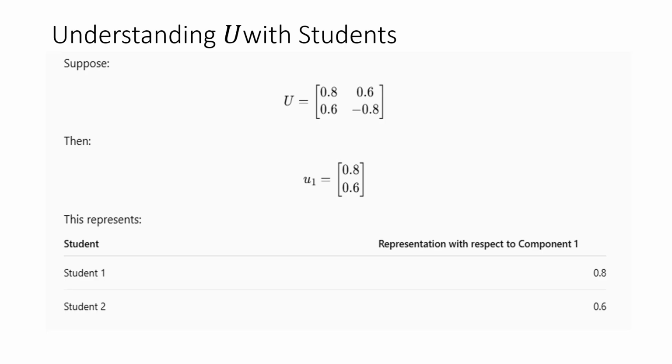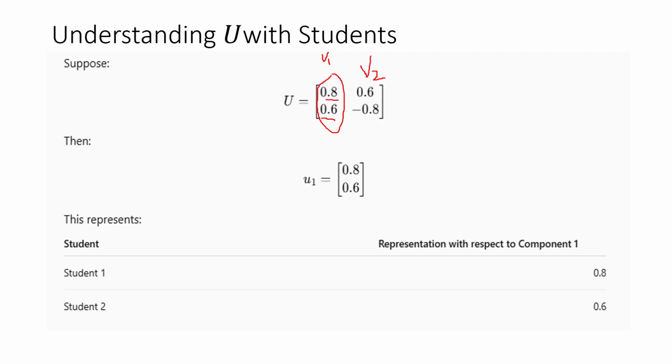So here this 0.8 corresponds to the first student, and this 0.6 corresponds to the second student, and this entire column corresponds to the first direction or the hidden pattern that we have found, that is V1. And this entire column corresponds to the second direction that we have found.